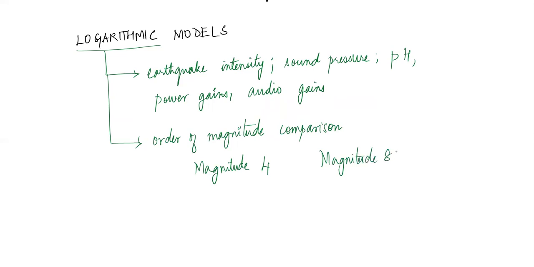Because in the background, the logarithmic models are measured by factors of 10, an earthquake of magnitude 4 is 10,000 times weaker than magnitude 8. Okay. Why 10,000? Because the difference between them is 4, right? So it is 10 power 4. That is the difference. So we're able to compare them in a reasonable way like this, as opposed to dealing with very large numbers, because the order of magnitude is what you're using to compare. Okay?